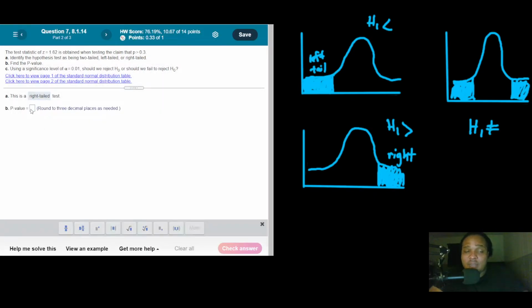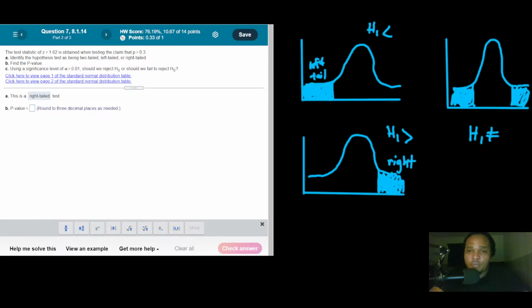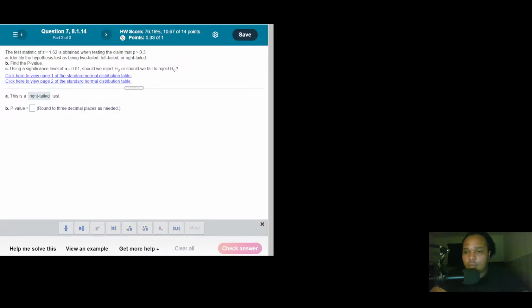What is the p-value? Now, you might want to write this down. Your p-value depends on your test statistic.